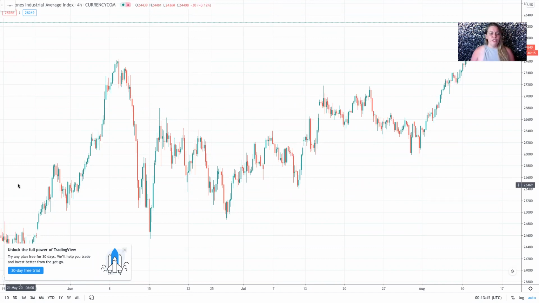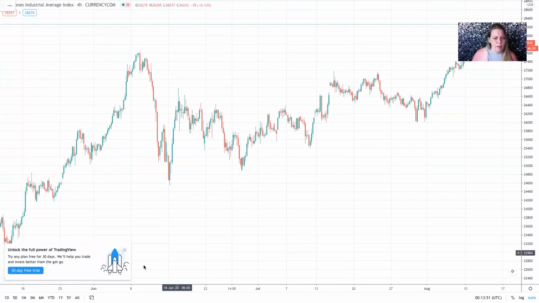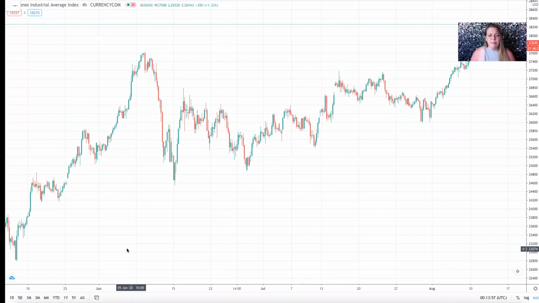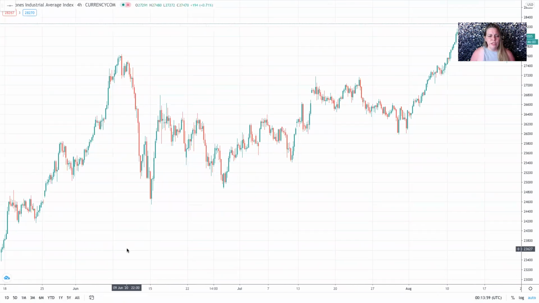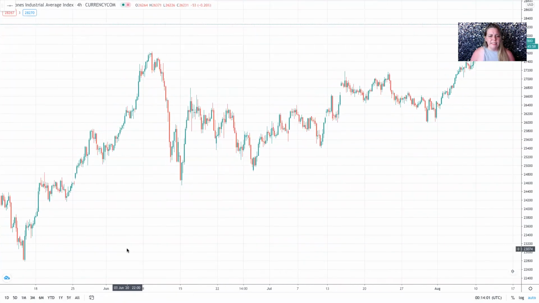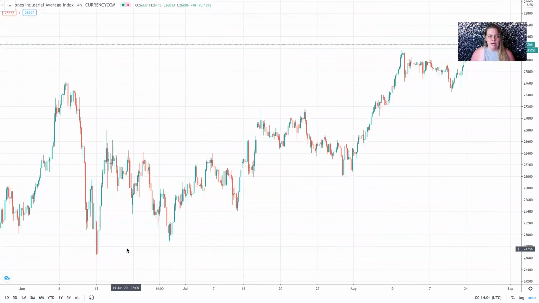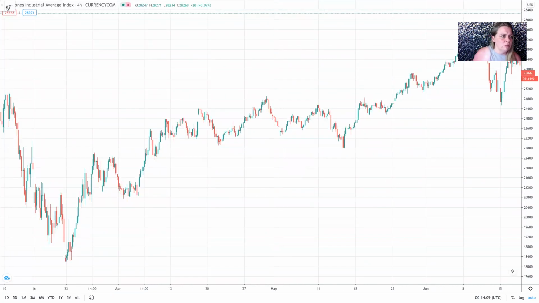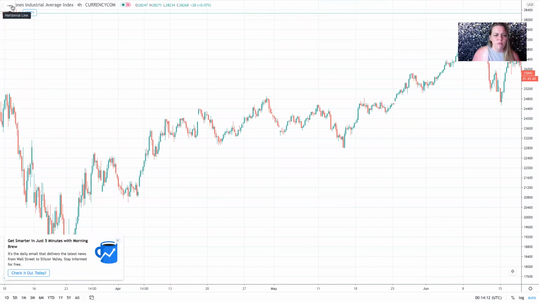What you're wanting to look at, when you're looking at a naked chart, is areas where you can see something has happened.